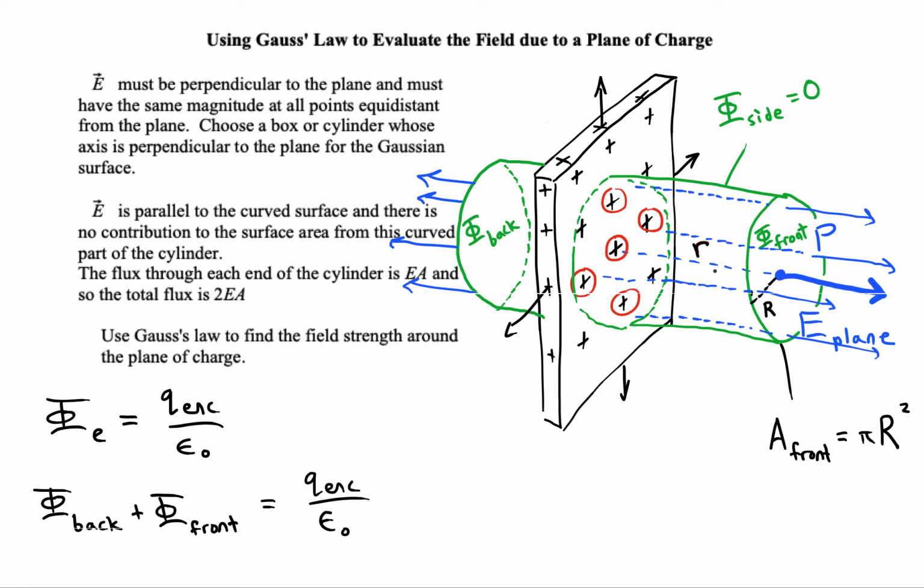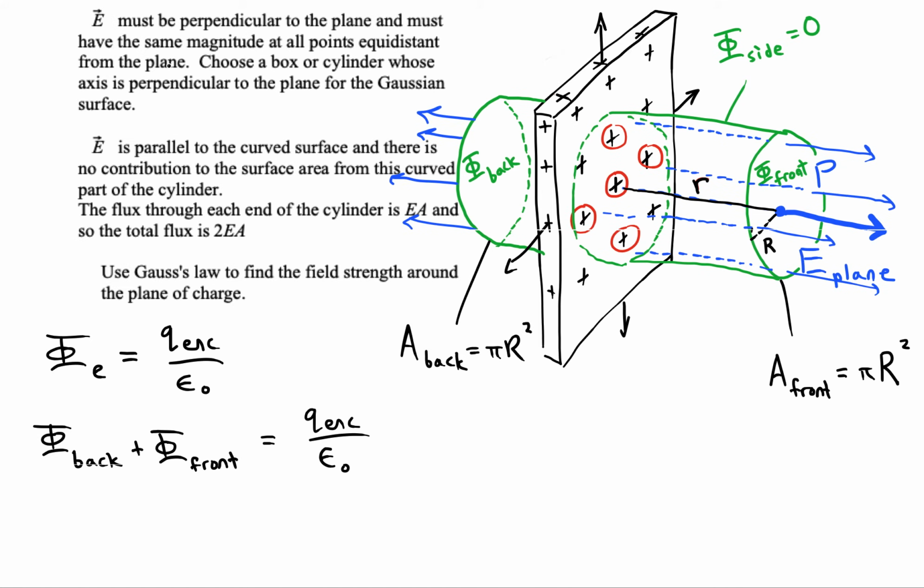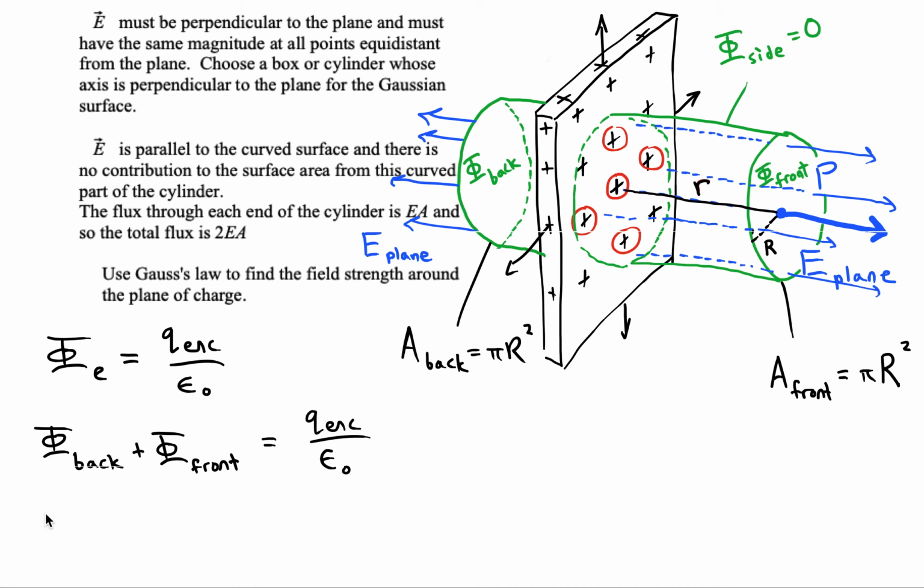Little r is the distance from the plane to our cylinder cap. Alright, so the area of the back will also be the same, pi R squared. The field that comes out of the back is E due to the plane of charge.